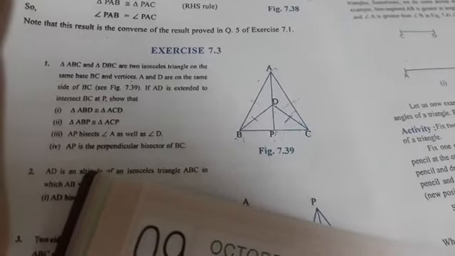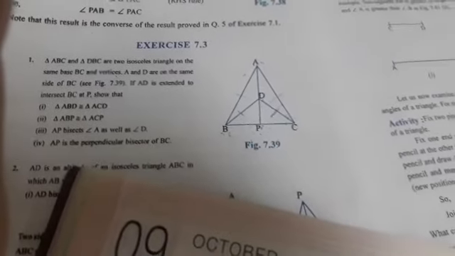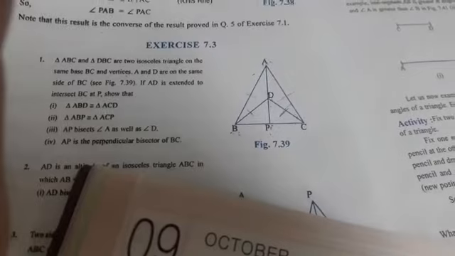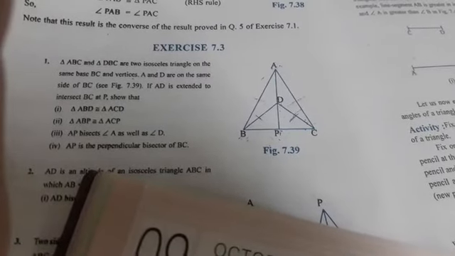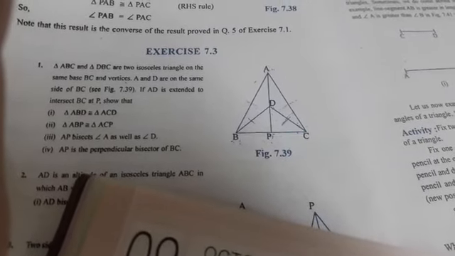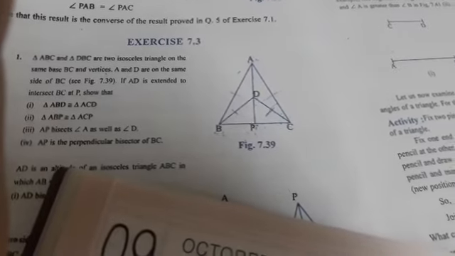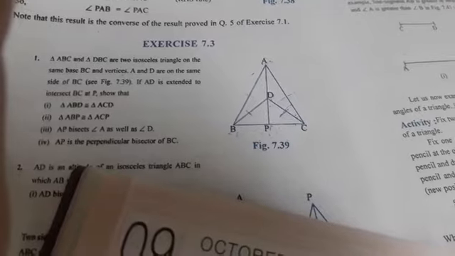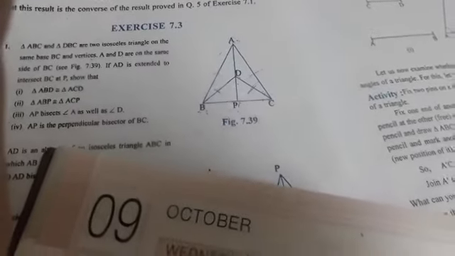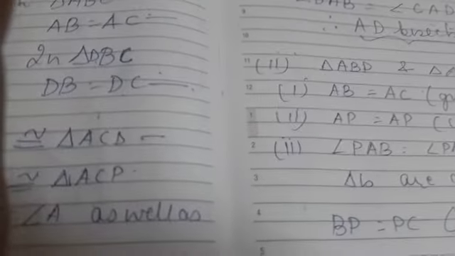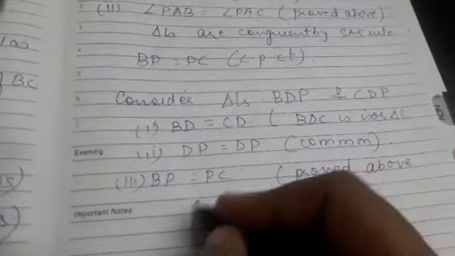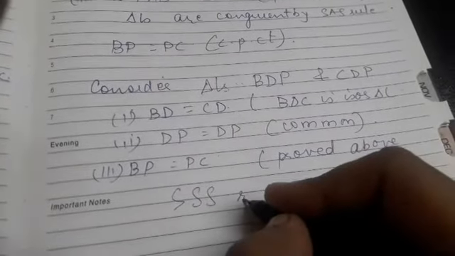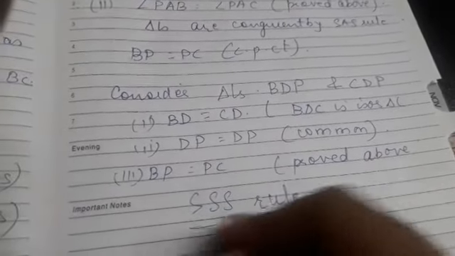Number two, DP is equal to DP, a common side. And BP is equal to PC, proved above. Again we've got the 3 corresponding sides, so we apply the SSS congruence rule.